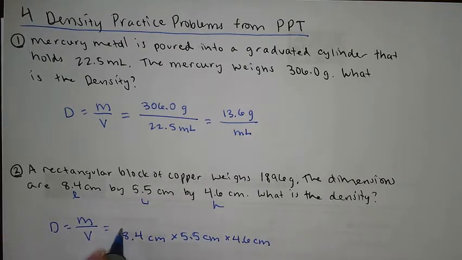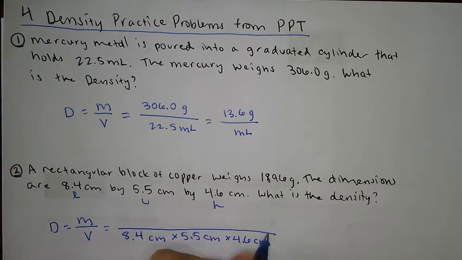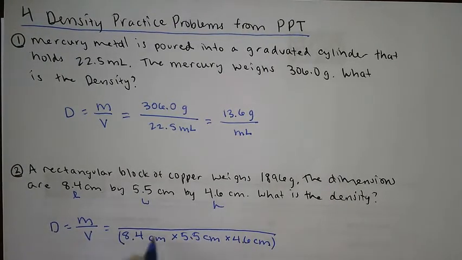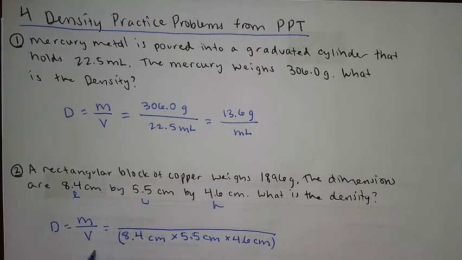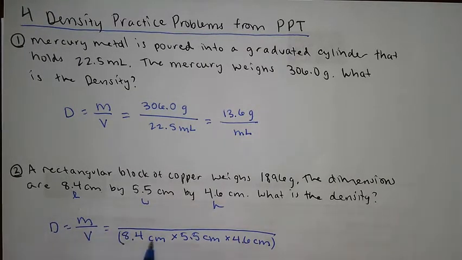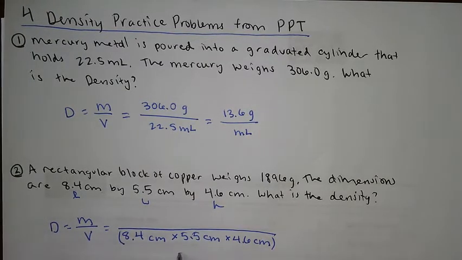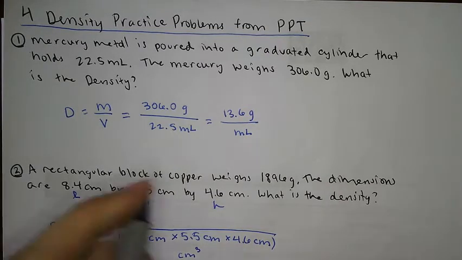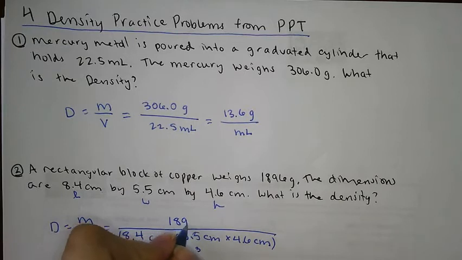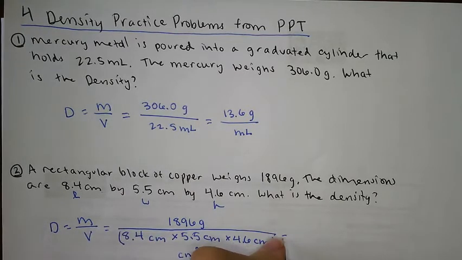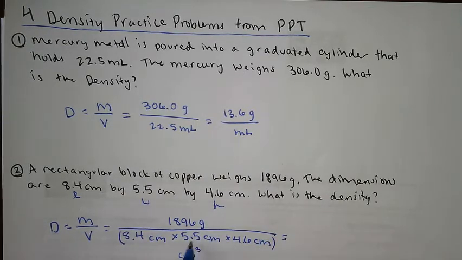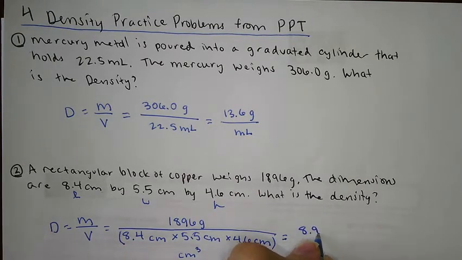Now you do not need to do this calculation ahead of time. Just make sure that you are putting this bottom piece in parentheses. And then your unit down here will end up being centimeters cubed. Your mass, of course, is 1,896. All right, you only get to keep 2 significant figures because of these guys down here. So this would end up being 8.9 grams per centimeter cubed.